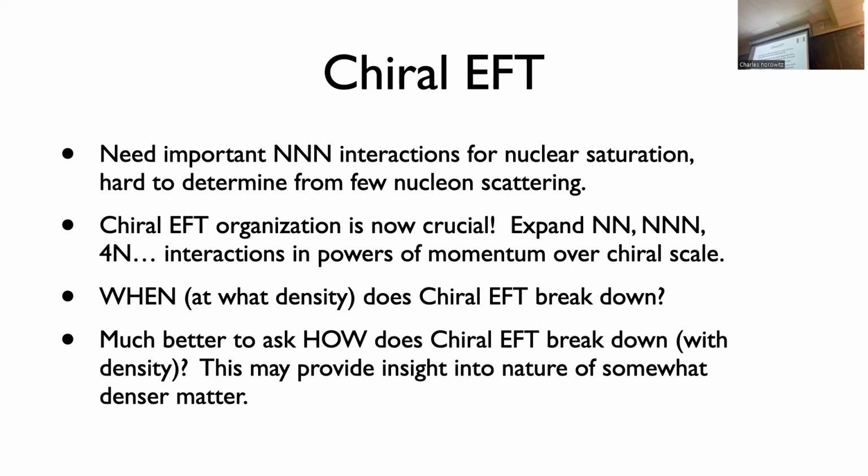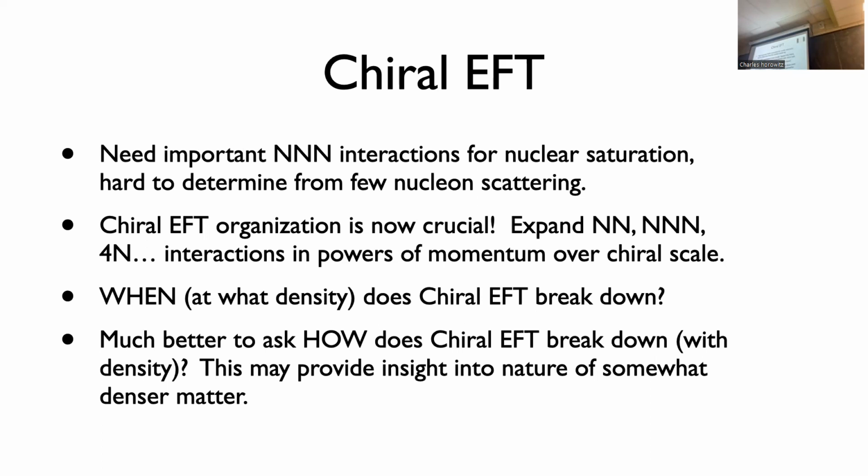But it's hard to determine these 3 nucleon forces from few nucleons out. So the idea that the force is phenomenological from nucleon scattering is now on thin ice. And that's the thing that really was broken. And of course, our alternative is chiral effective field theory.